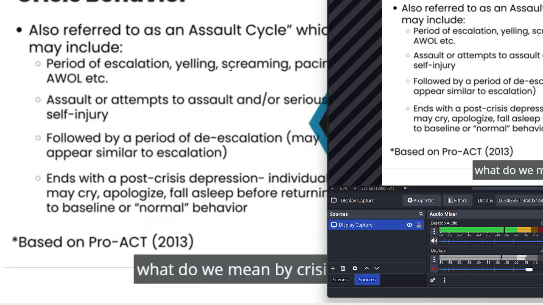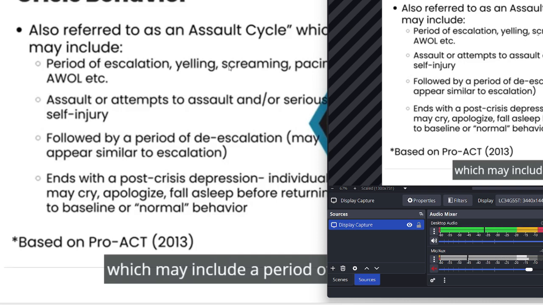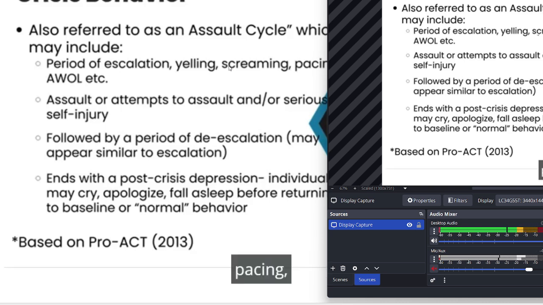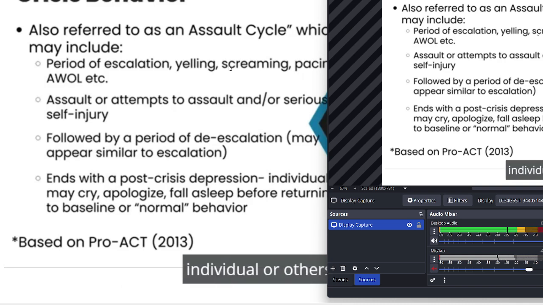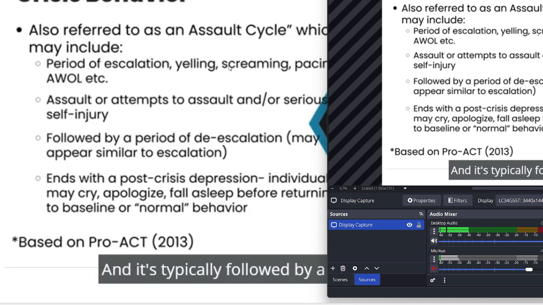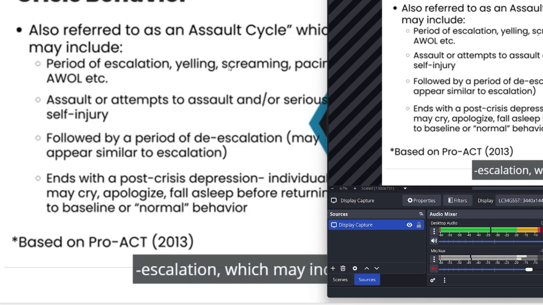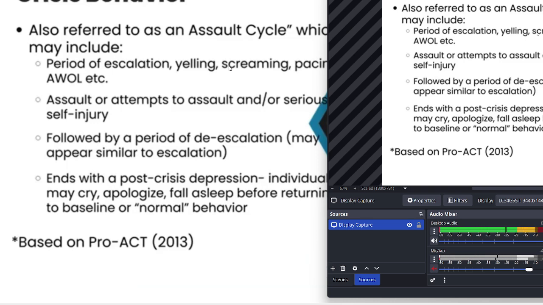Now, what do we mean by crisis? Crisis behavior can also be referred to as an assault cycle, which may include a period of escalation, yelling, screaming, pacing, maybe AWOLing, usually resulting in an assault or attempts to assault and or serious injury to the individual or others. And it's typically followed by a period of de-escalation, which may appear similar to the escalation.